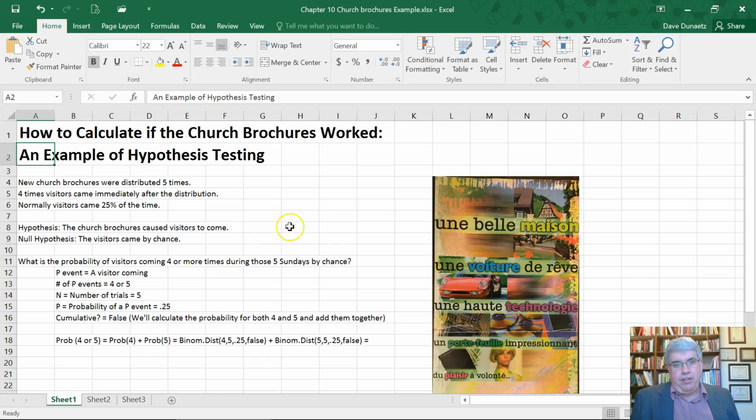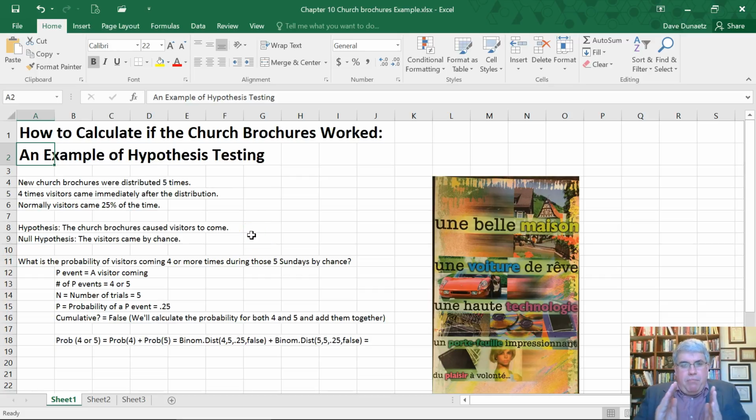Now, we can phrase this in terms of a null hypothesis. The null hypothesis is that the visitors came by chance, that the brochures didn't have anything to do with it. So what we want to do is calculate the probability that we would get visitors coming 4 out of 5 times just by chance. We want to calculate the probability of this null hypothesis.